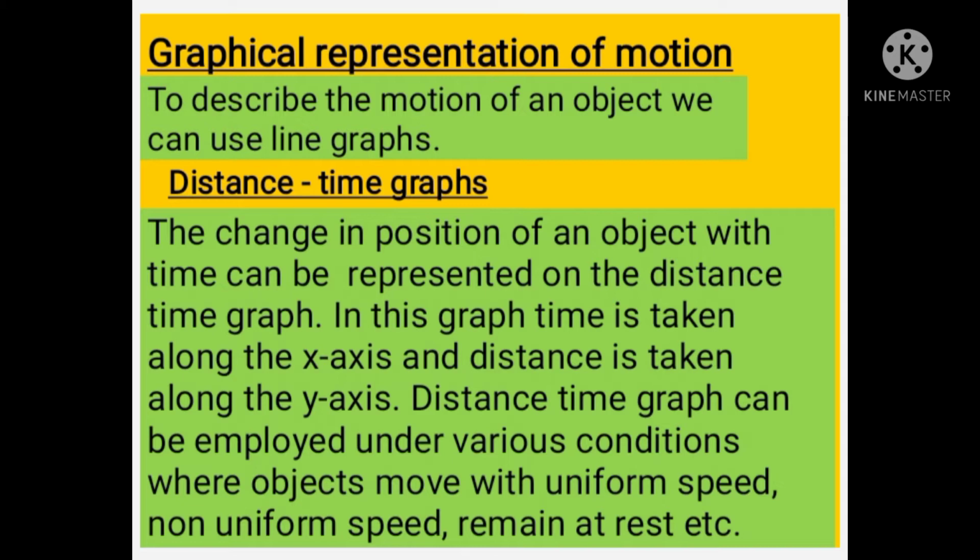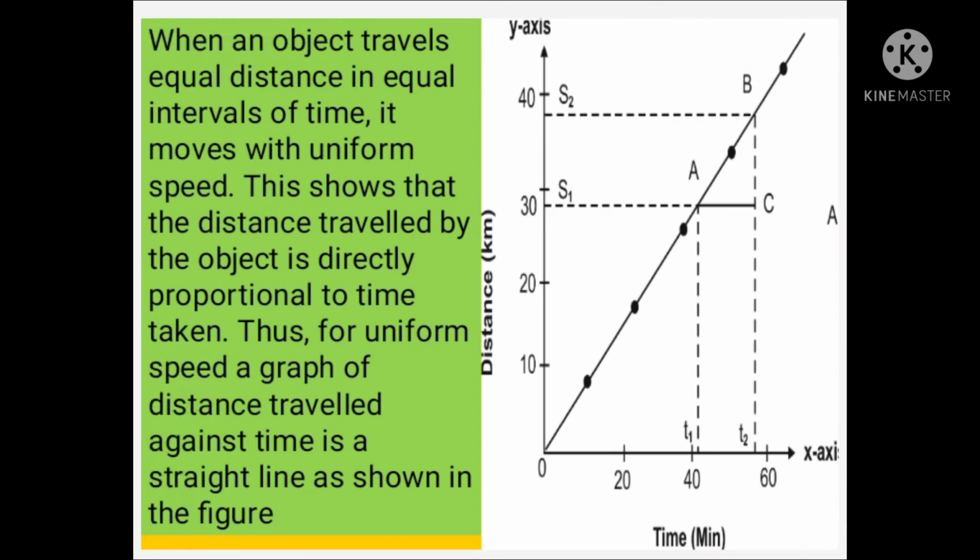In this graph, time is taken along the x-axis and distance is taken along the y-axis. Distance time graphs can be employed under various conditions where objects move with uniform speed, non-uniform speed, remain at rest, etc. We know that when an object travels equal distances in equal intervals of time, it moves with uniform speed.